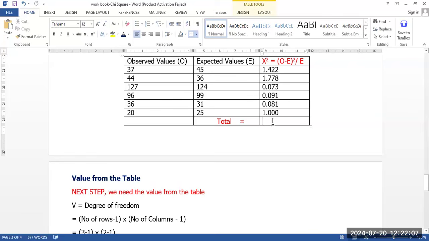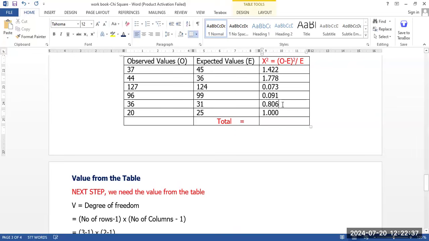Colleagues, you are quiet. What is the total here? You changed from the correct answer to a wrong answer. Now you are confused. The correct answer is 0.806.